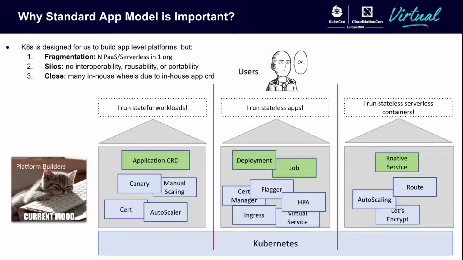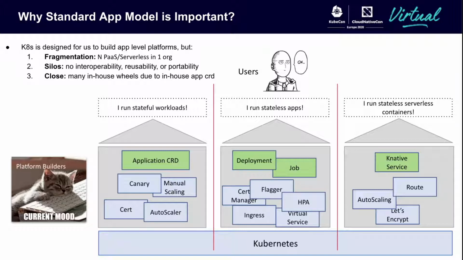And for some other applications, they just prefer to go the serverless style. We need to use Knative, for example, to serve them. See, although all these platforms have unique traits, they also share a lot in common. For example, all of them require a capability like Let's Encrypt.